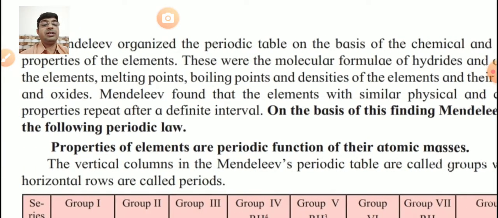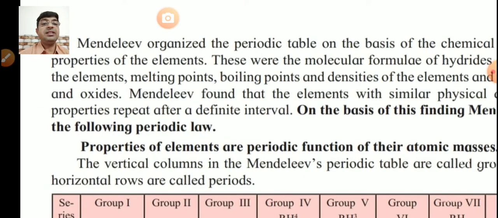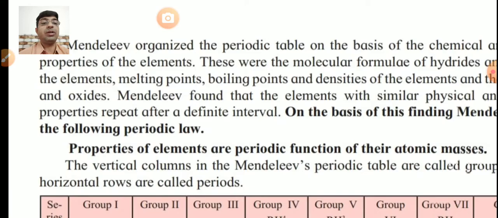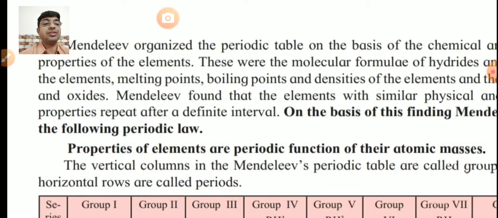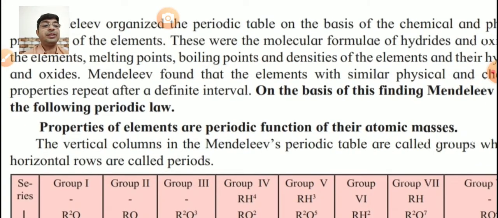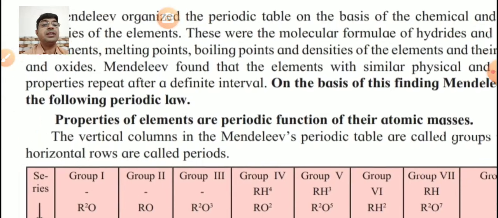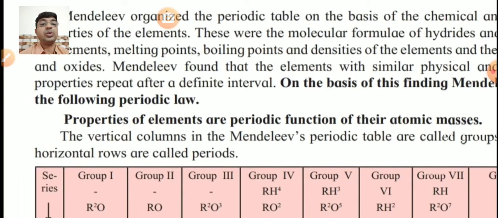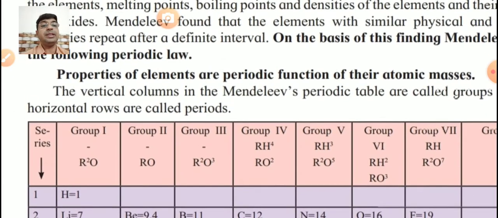So this law is asked for 2 marks. State Mendeleev's periodic law. So you mark the line. Before that you add some words. The physical and chemical properties of elements are a periodic function of their atomic masses. This is the law. The vertical columns in Mendeleev's periodic table are called groups, while the horizontal rows are called periods.